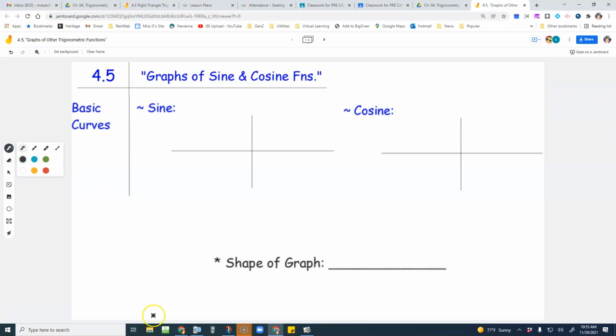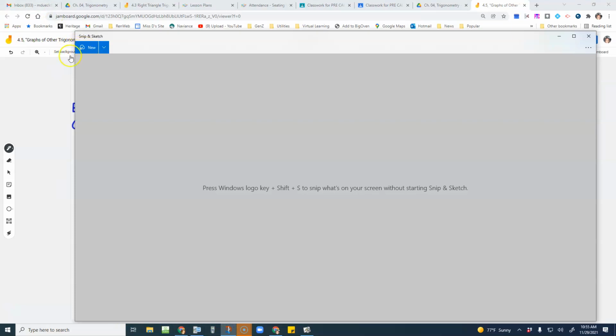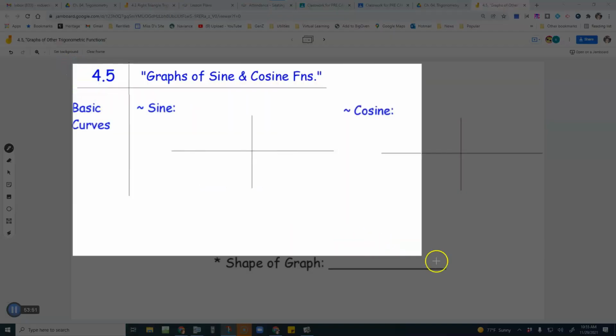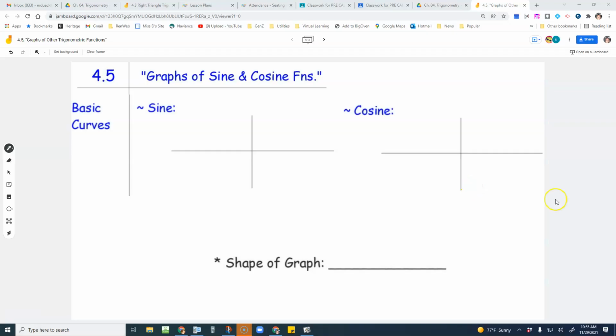I actually want to change my master. I'm going to grab a quick picture before I write on it. So waves come about when I say, let's make the theta or the angles into the x-axis, so that's not the unit circle anymore. And I put things like, hey, let's put pi, let's put 2 pi.